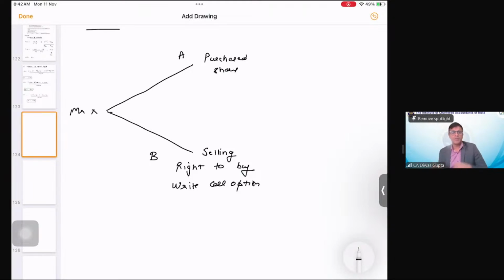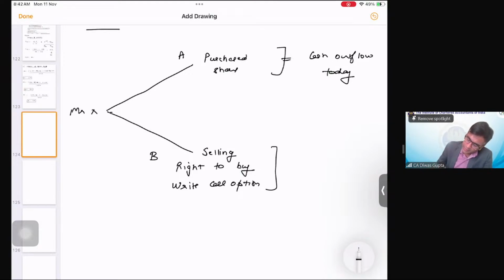For writing a call option, we need to purchase a share. This will lead to a cash outflow today, right? And here the cash inflow will be the strike price, if the option gets exercised. Correct.